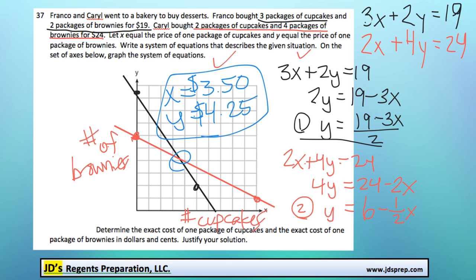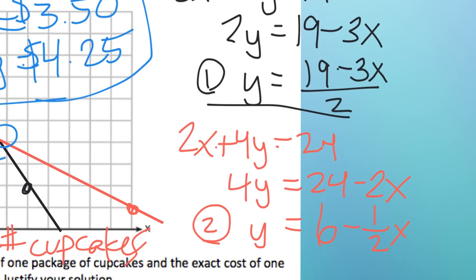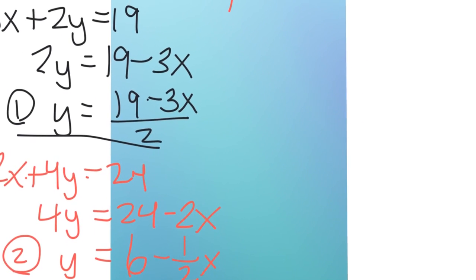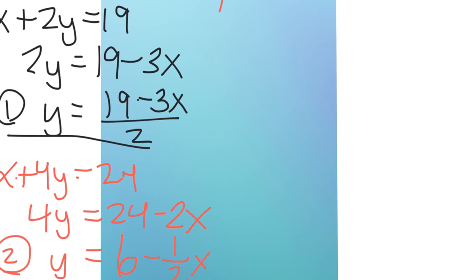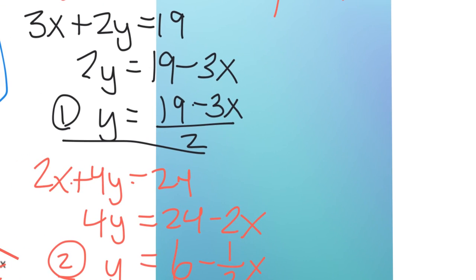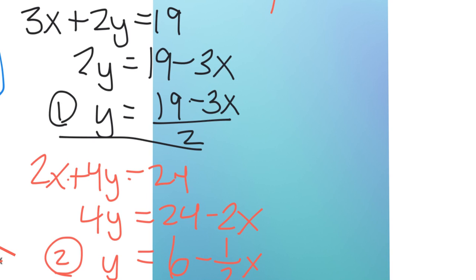Now I'll show you really quick another way of doing this, if you needed to solve it algebraically without the calculator. Using these two equations, 3x plus 2y equals 19 and 2x plus 4y equals 24, we can use the method of elimination.